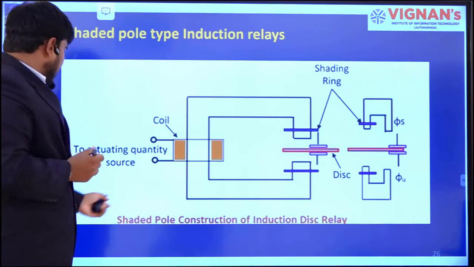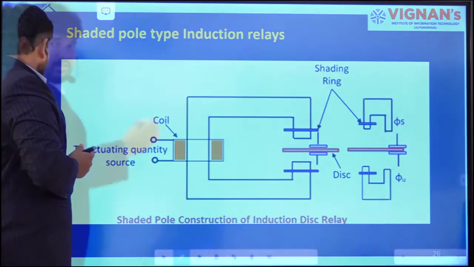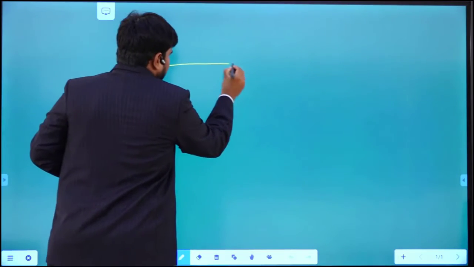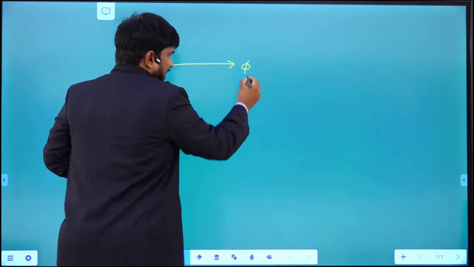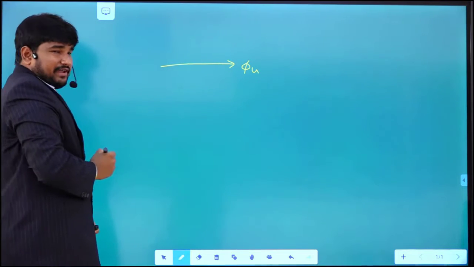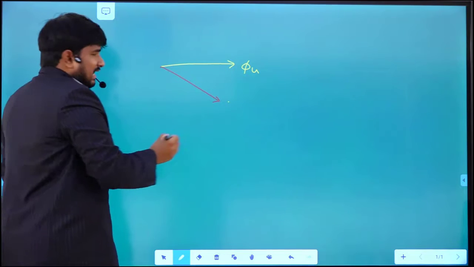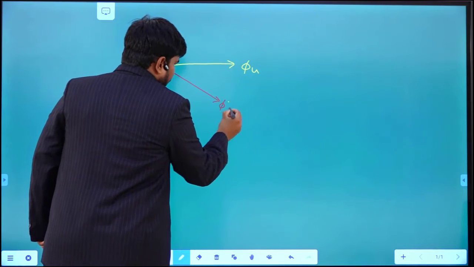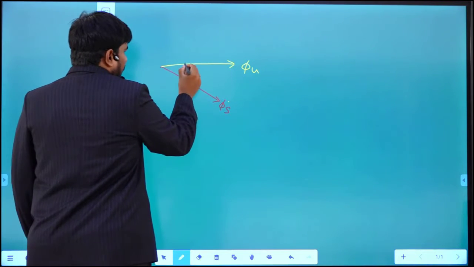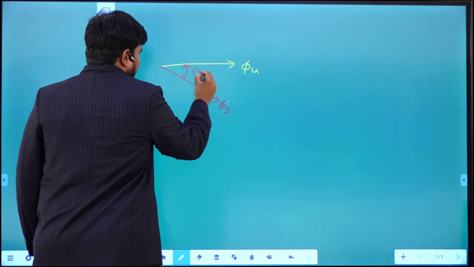For example, this is the unshaded pole flux phi u, and this is lagged by phi s with an angle of theta.